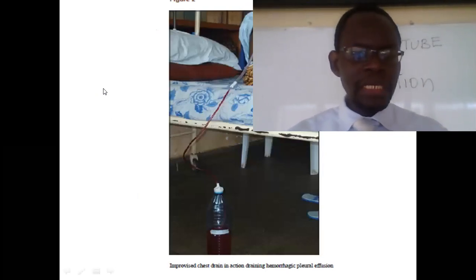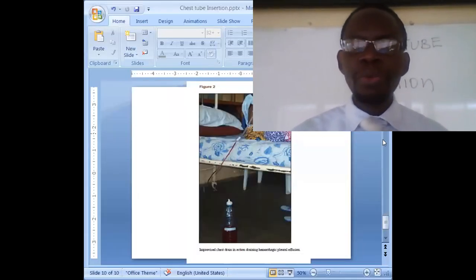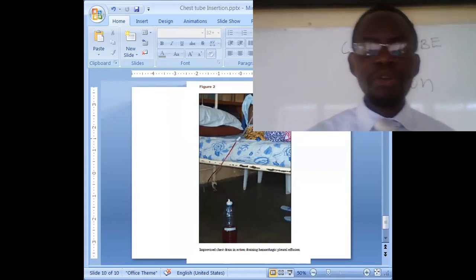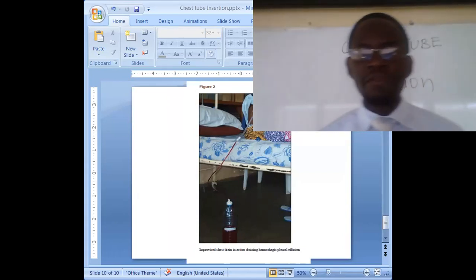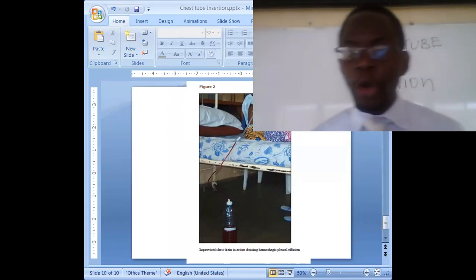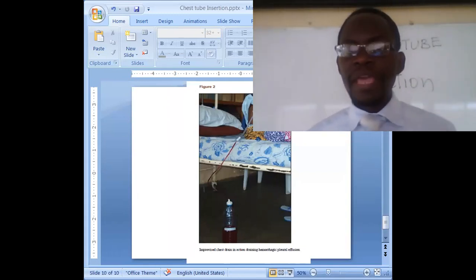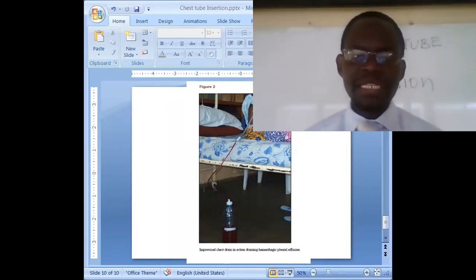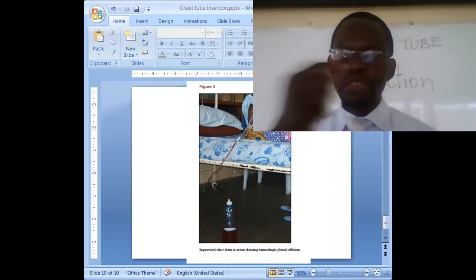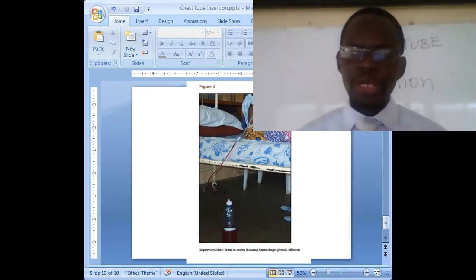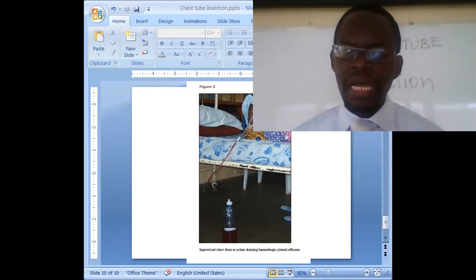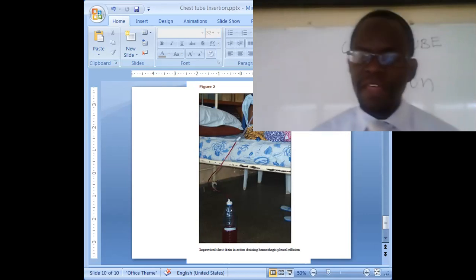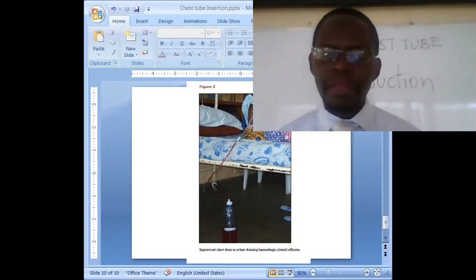Now, especially in poor resource countries, there's usually improvisation. Instead of using a typical chest tube, they improvise with a mineral water bottle. They put the tube coming from the patient into a mineral water bottle, fill it with fluid, and dip the tube in there.